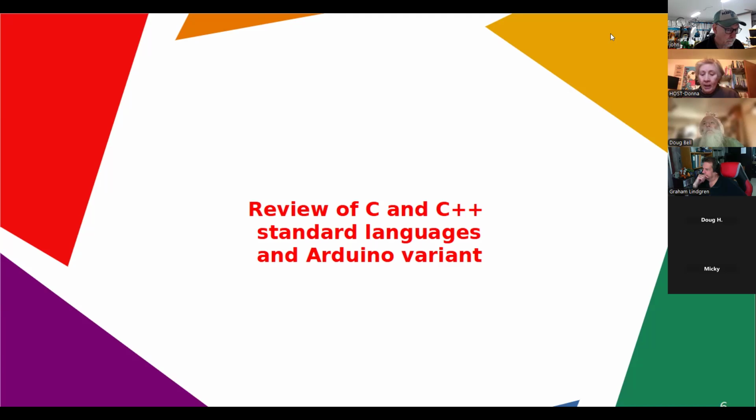Say, for instance, if you look up the C standard library, you'll see a set of time-based functions that are included in time.h. You'll find what's considered on the PC side of things, standard input, output, those kind of things in what's called stdio.h.